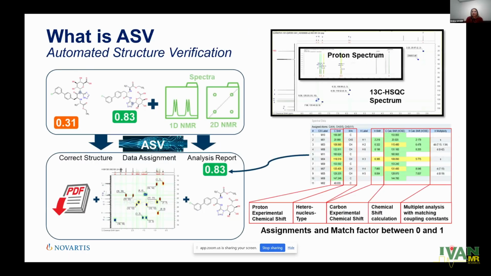Now, how ESV is used. I will explain it very fast. In our case, we retrieve the structure. It's possible that sometimes 2 molecules can be saved, because in our case, if after the arrow in the ELN the chemist puts more than 1 or 2 structures, all these structures will be tested with the measured spectra.